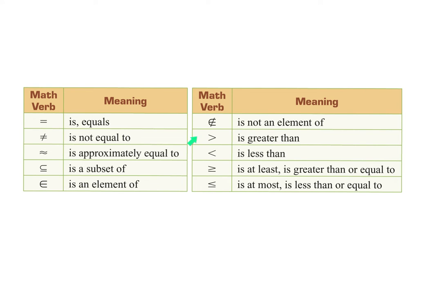That means the one on the left is bigger than the one on the right. The one on the left is smaller than the one on the right. These two combine your greater than, less than, and your equal sign. If you were to smash them together, you would get your greater than or equal to, less than or equal to. And it just means it can equal that number or be smaller, equal or be greater. All right? Some symbols you will see, and hopefully have seen most of these.